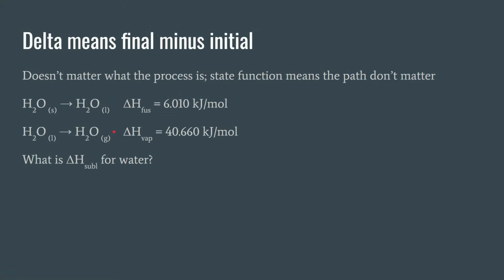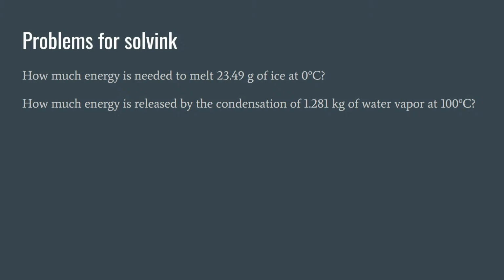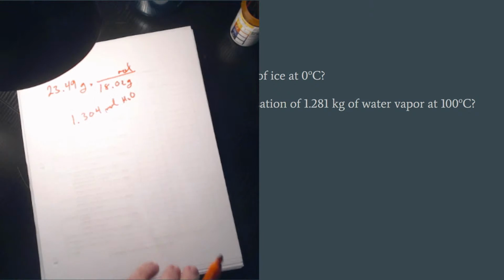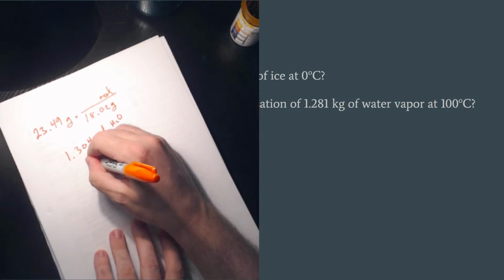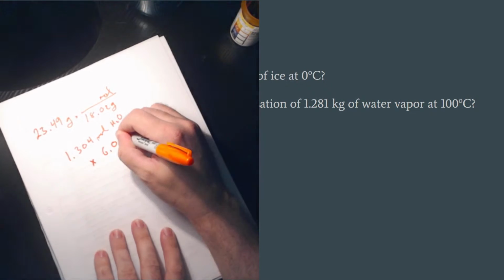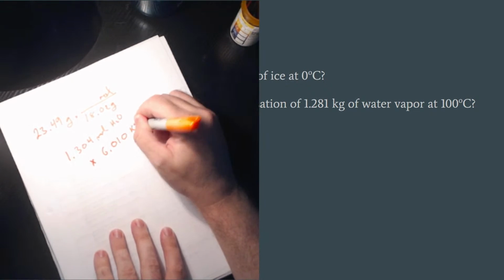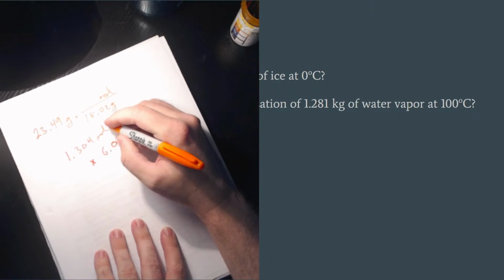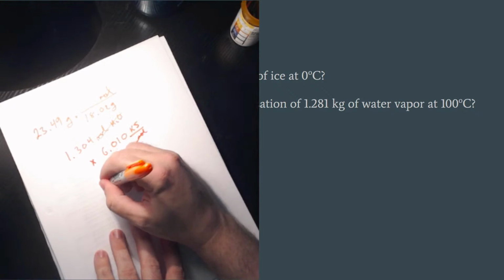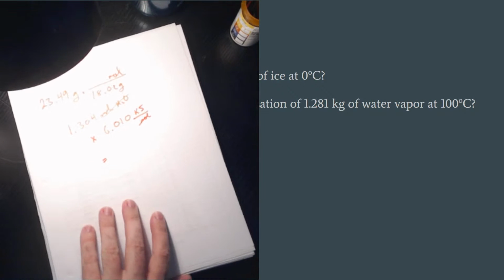So we come back here, and we see the enthalpy of fusion is 6.010 kilojoules per mole. Okay, so once again, we multiply this by 6.010 kilojoules per mole. The moles will cancel, and we'll be left with just the energy.